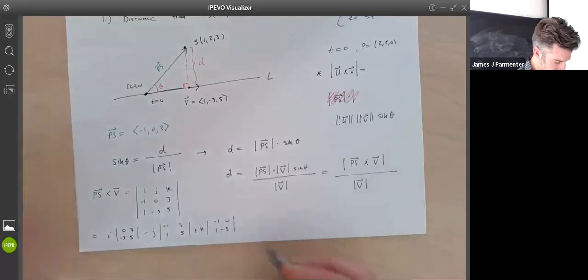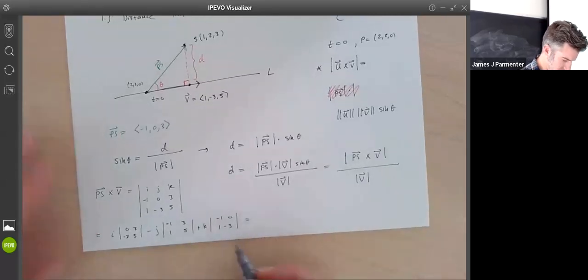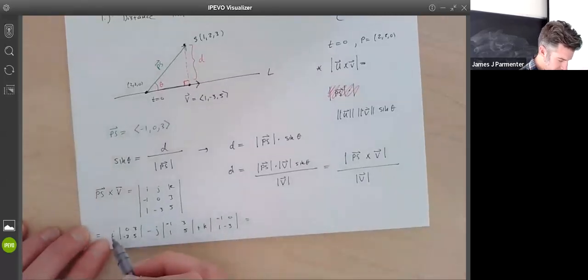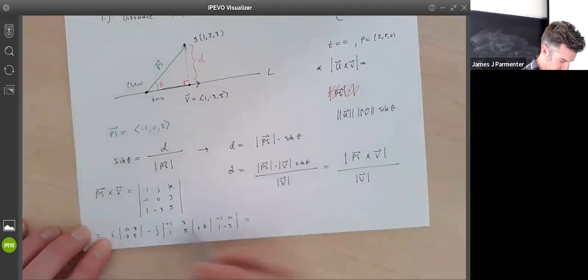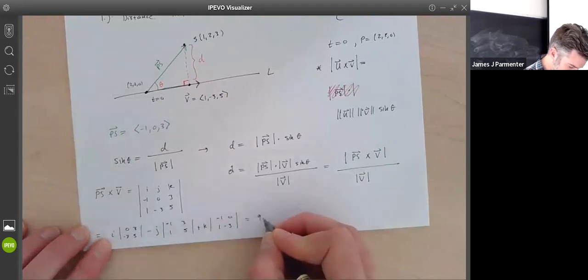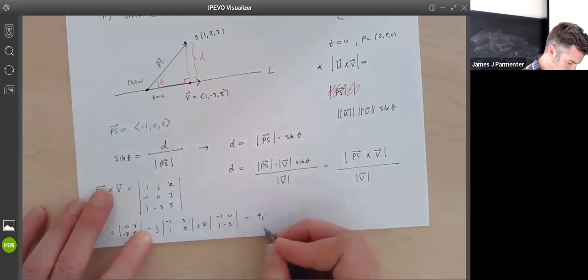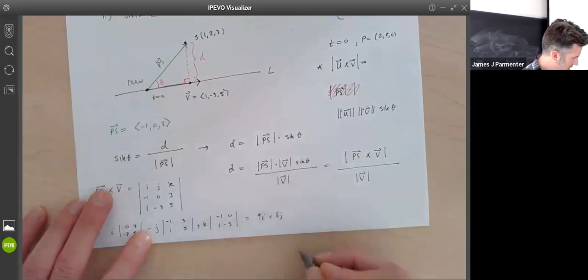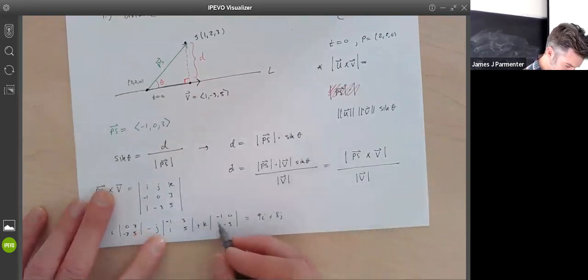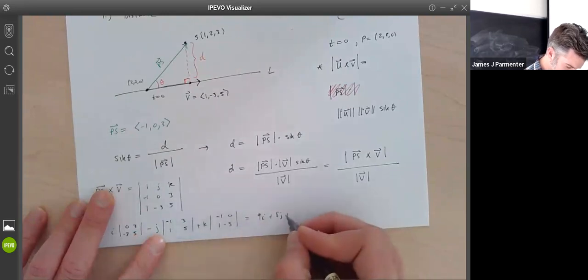The determinant here is 0 minus -9, so I'm going to get 9i. The determinant here is -5 minus 3, which is -8, but it's plus 8j. And the determinant here is 3 minus 0, so 3k.